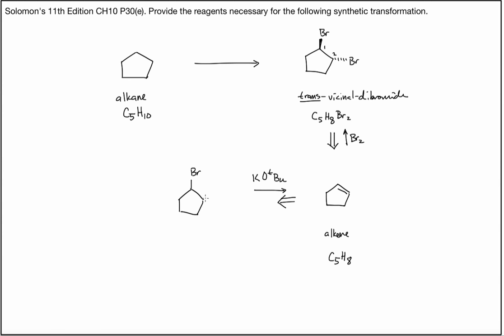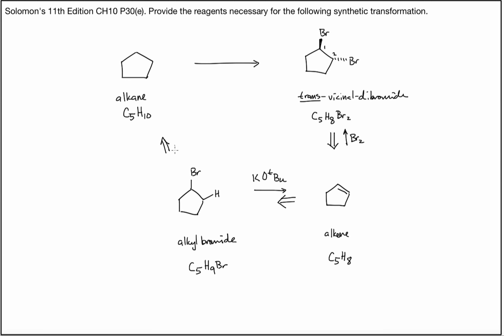That's going to do a dehydrohalogenation where we deprotonate this hydrogen and eliminate bromine to get the alkene. So this is going to be an alkyl bromide, and the molecular formula of this is C5H9Br.